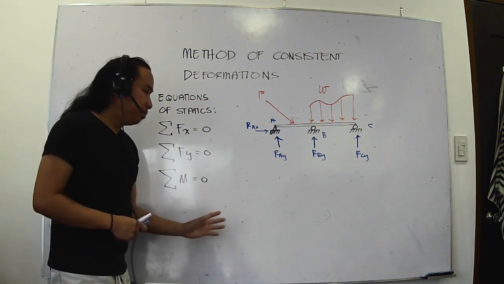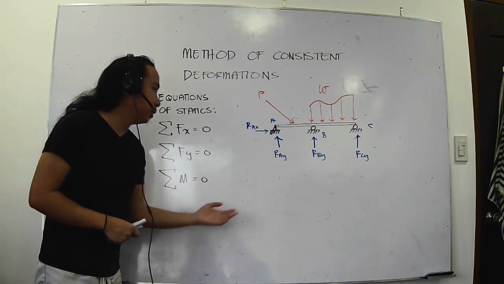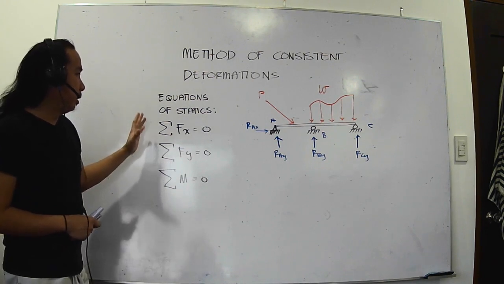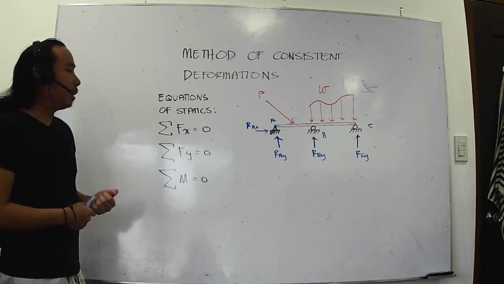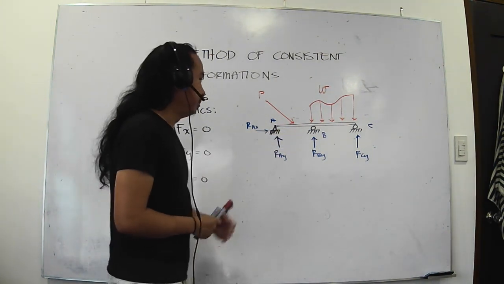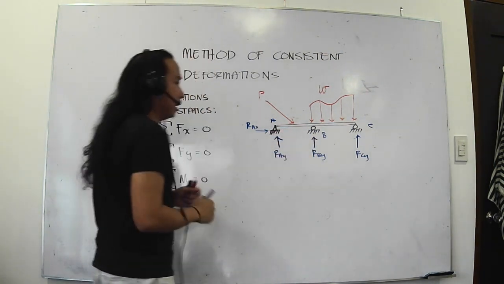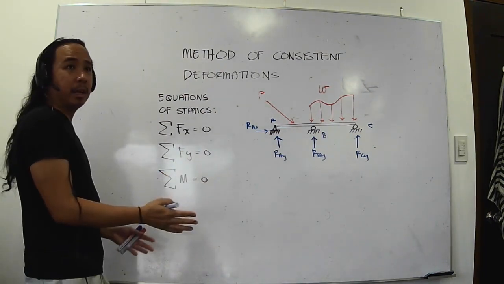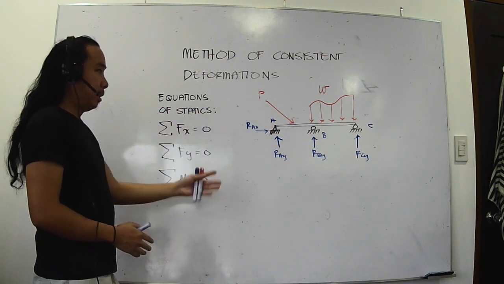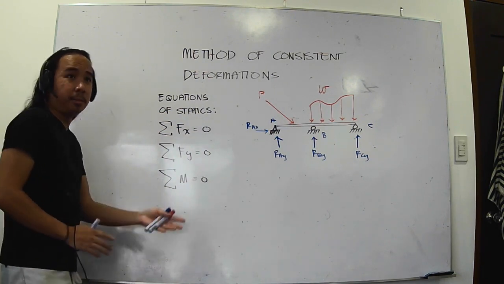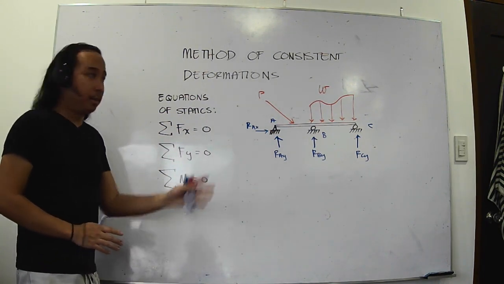So if that is the case, then we need to introduce another equation that can supplement the 3 equations of statics. Here, B or C, whichever, we choose as the redundant. The geometric property is that it is a support, and usually, if no settlement is indicated at that support, our deflection at those points is 0.